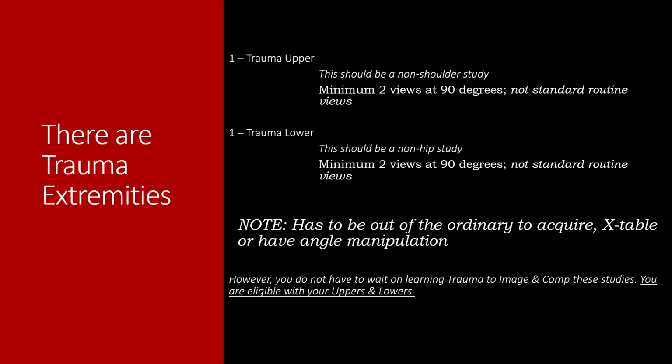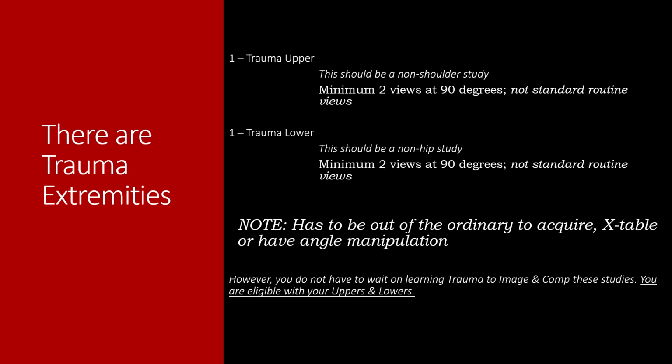So your trauma upper is a minimum of 2 views 90 degrees from each other, which is not your standard routine view. So you should not be just taking a hand or wrist and saying, oh, the req says trauma. No, you need to be able to manipulate your tube and/or positioning for this upper trauma.